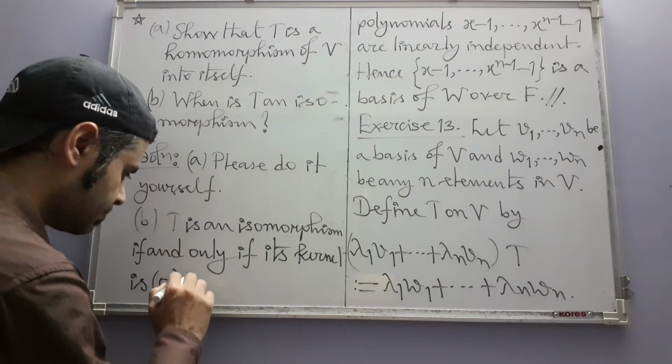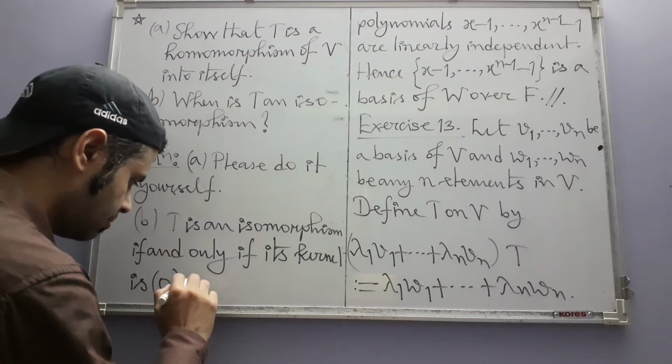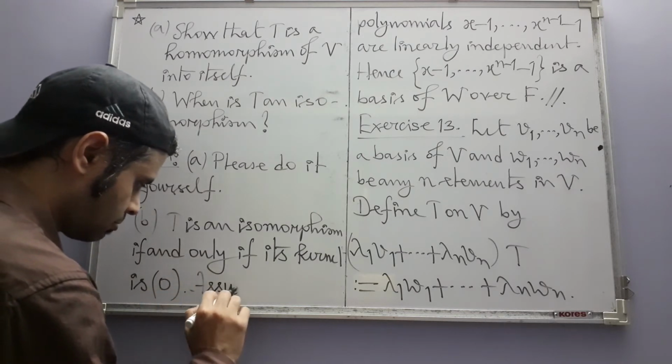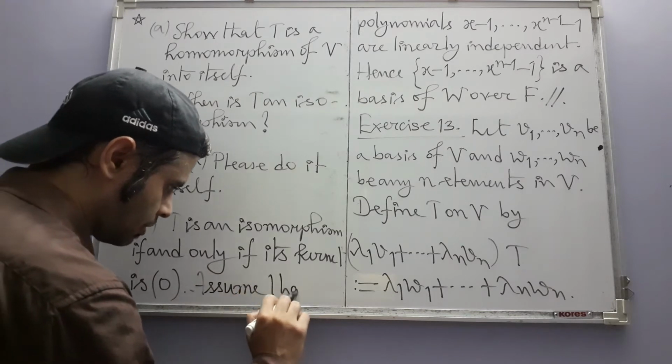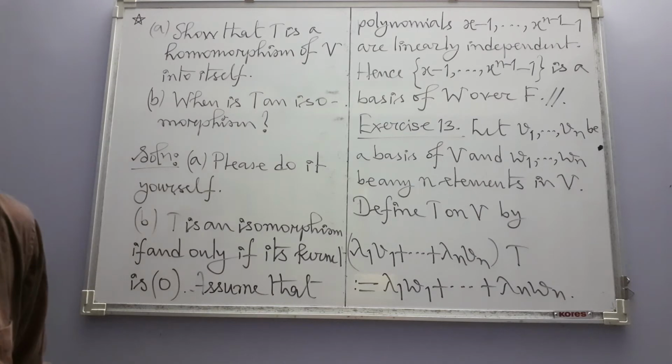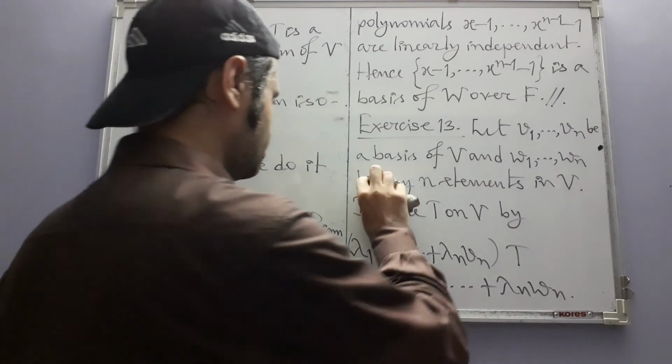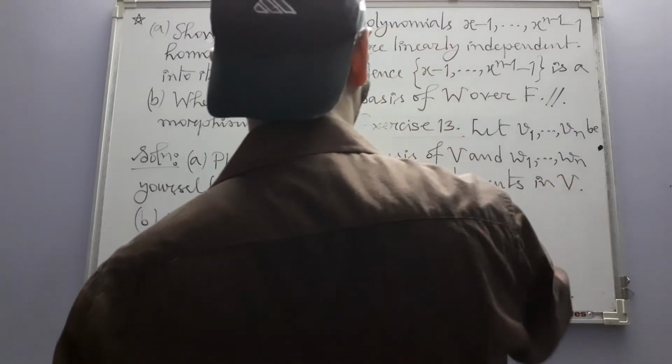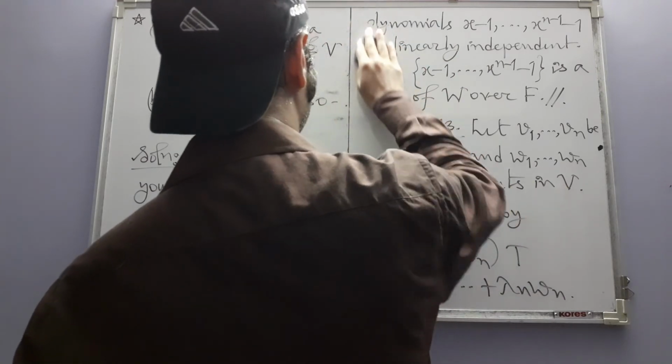Kernel is 0. Now let's see what happens if the wi's are not linearly independent, that is, they are linearly dependent.